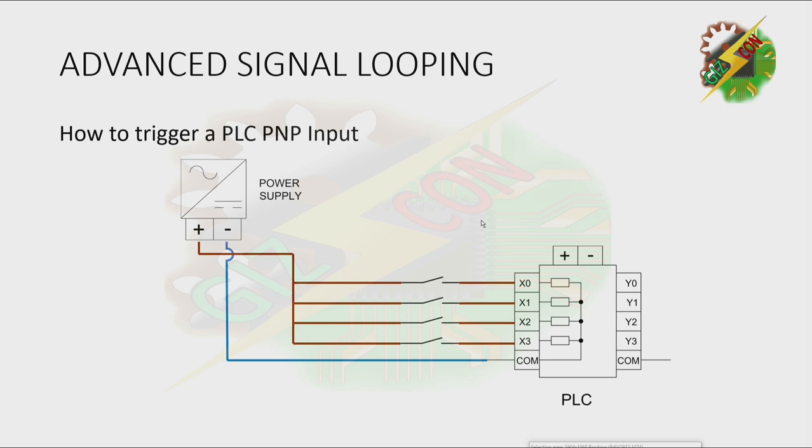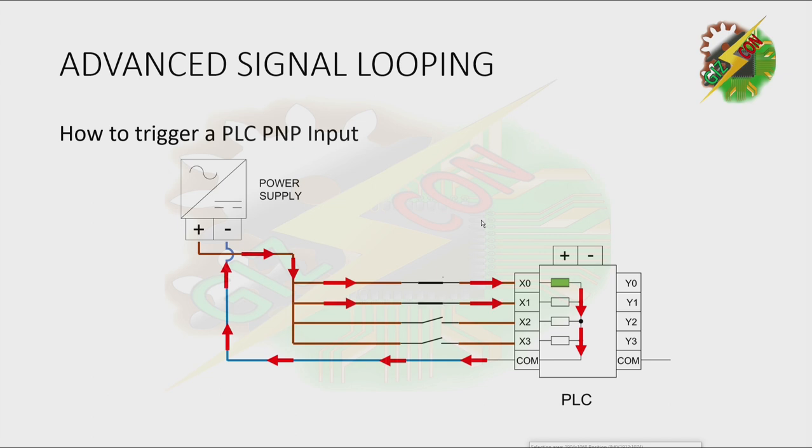Now let's try it in PNP. The first switch is closed, and that will allow the current to flow on positive, and it will go to X0. X0 is now energized, and it will go back to negative. Switch 2 is now closed.